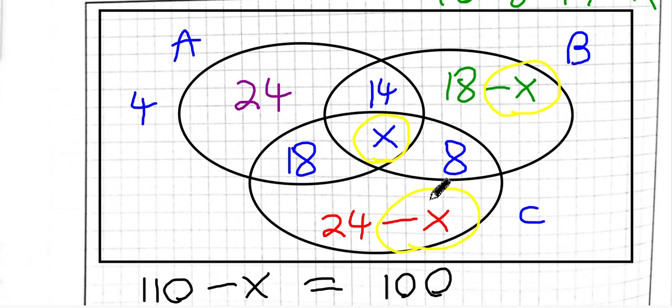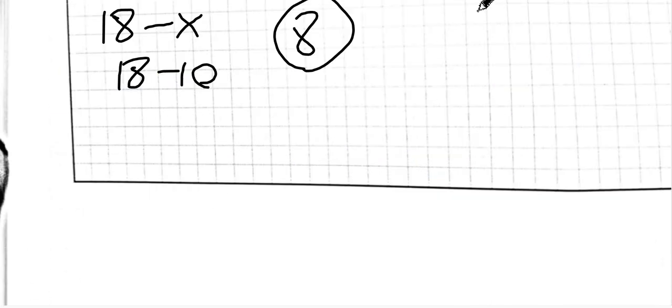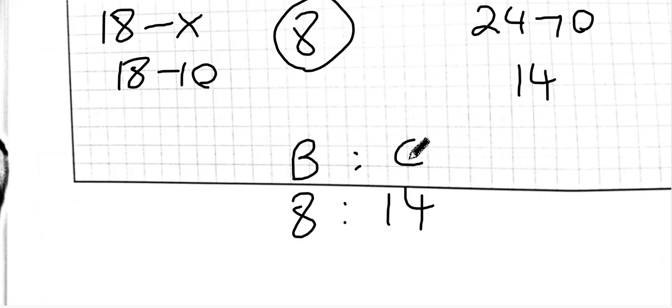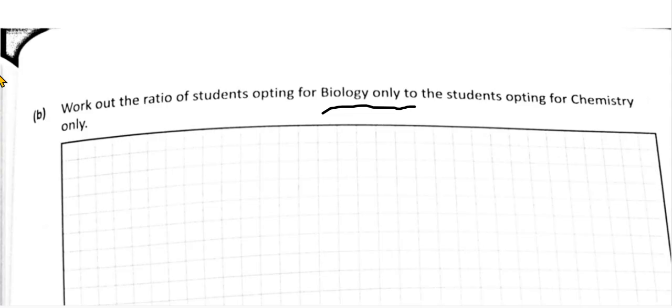Was 24 take away X, which is the same as 24 take away 10, which is 14? We have to find out the ratio of 8 is to 14. Is that fully broken down? Are both numbers even? Half both numbers. What do you get then? That's your correct answer. 4 is to 7.